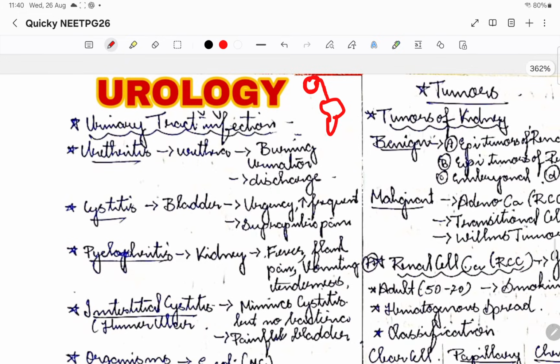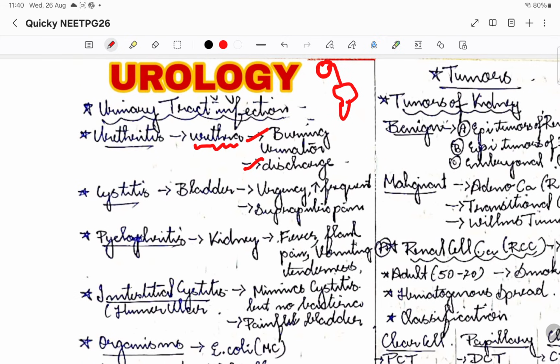Okay, so in urethritis, it is the urethra that is being affected. So here, if urethritis is there, burning urination symptom will be there. Then there will be some discharge, whitish or reddish discharge might be there. Then coming to cystitis, if it is the bladder that is involved, there will be increased urgency and frequency of urine, and there will also be suprapubic pain.